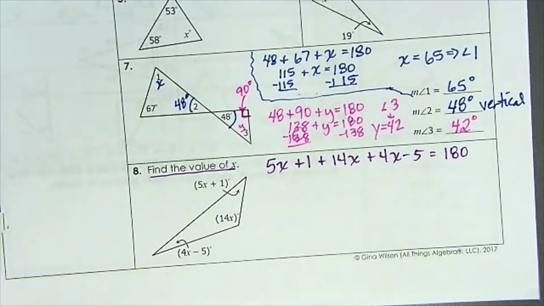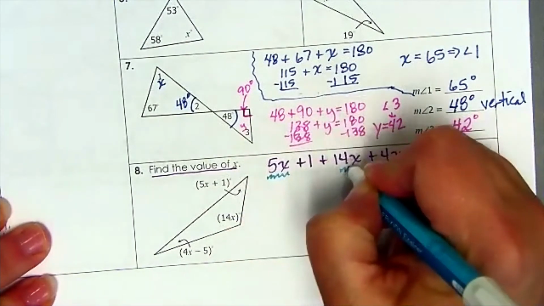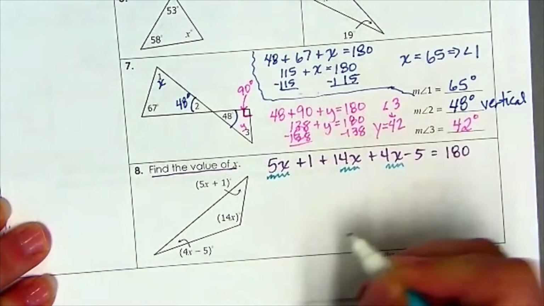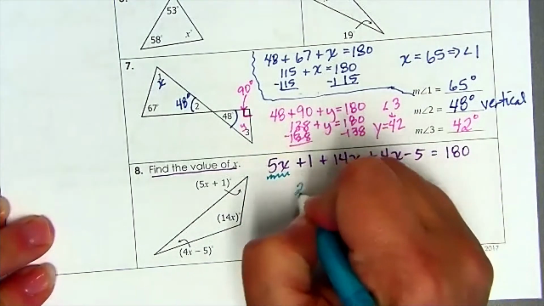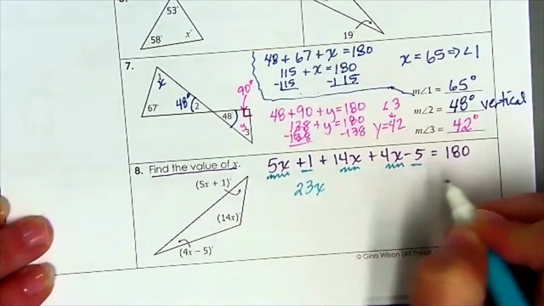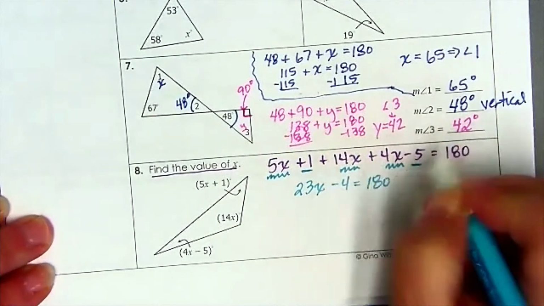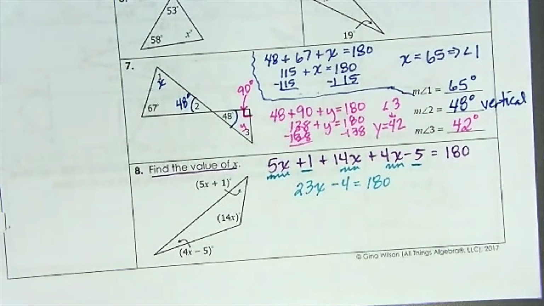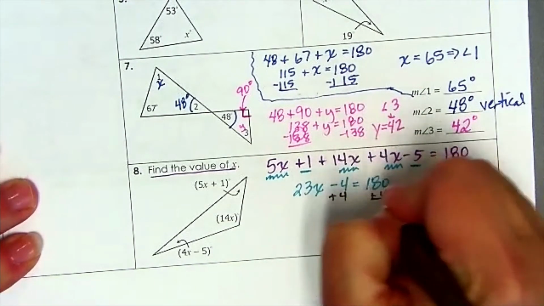Okay, so now we combine like terms. I'm going to combine my x terms, and that's going to give me 23x. And then I have my constants, which is 1 minus 5, so that's going to give me negative 4 equals 180. And now I continue to solve. I'm going to add 4 to both sides.